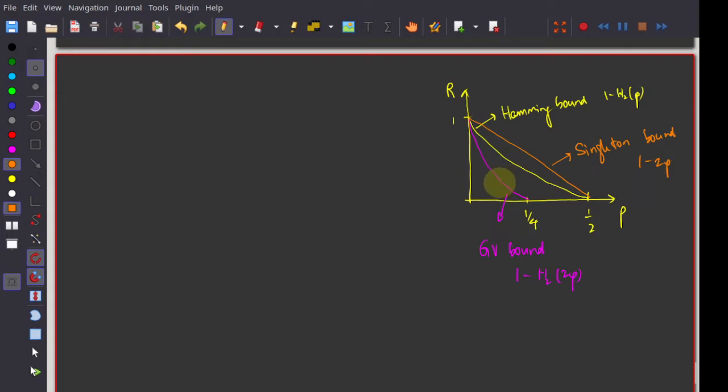And then we also saw a lower bound, that is a way to construct a code in a greedy fashion, and that gave us the Gilbert-Varshamov bound, which is basically 1 minus the binary entropy of 2p. So clearly, at least for asymptotically large n, there is a gap between the best upper bound and the best lower bound.